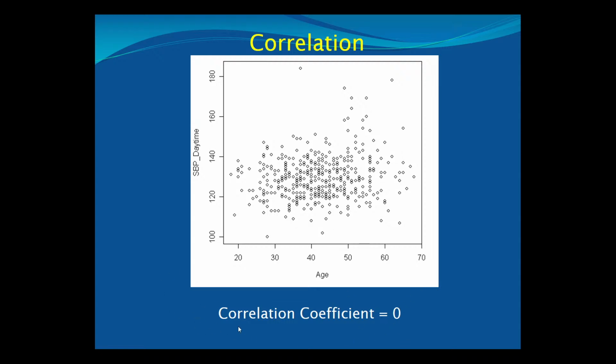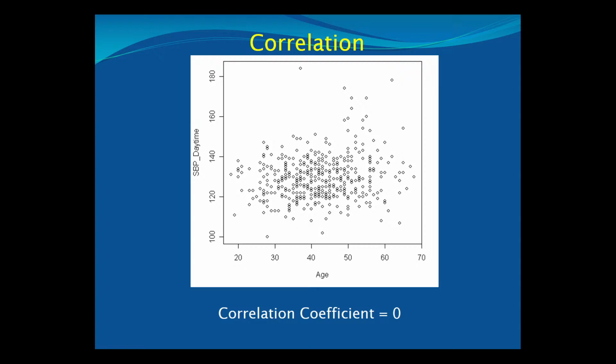And if we calculate the correlation coefficient, it equals 0. Look at this scatter plot graph and look at the correlation coefficient. If we get a correlation coefficient equal to 0, this means that there is no association between age and systolic blood pressure. And due to the graph, we can make our conclusion.